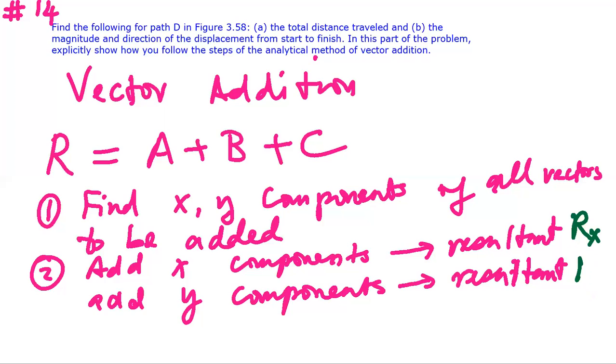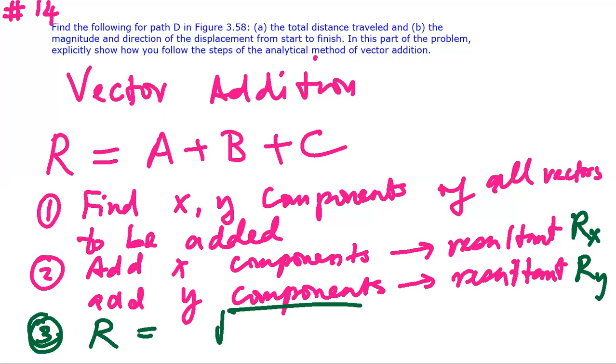Step number 3, you will find the resultant by doing the square root of RX squared plus RY squared. So this is a summary of how you add vectors.